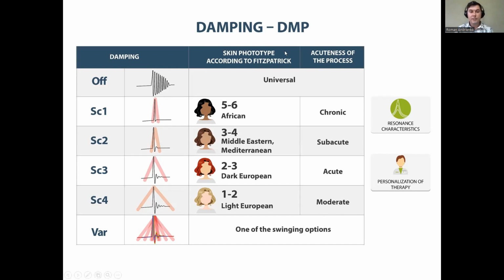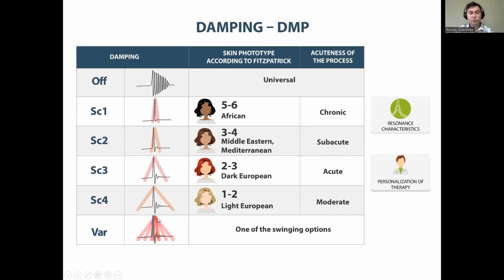We can use them according to the skin phototype, or later on, 10 years later, it appeared that different levels of damping also helped to customize the signal depending on the acuteness of the process we're dealing with. And it turned out that damping 1 is more effective in chronic diseases. Damping 2 is more effective in subacute diseases, and so on.